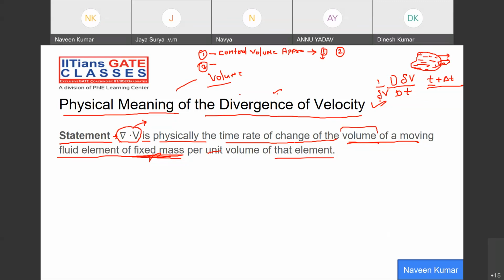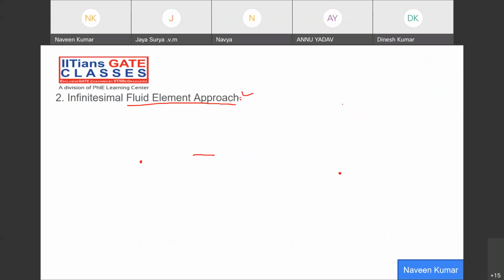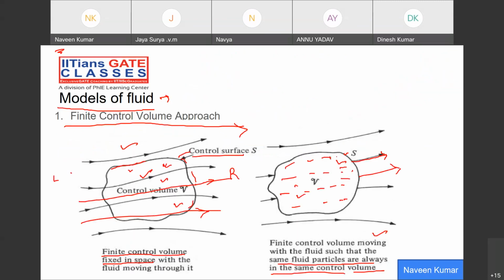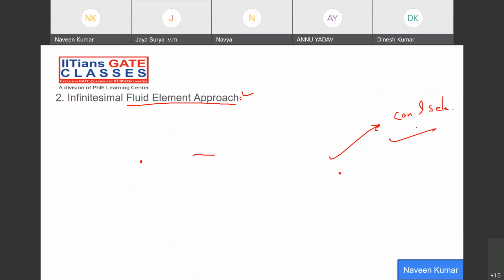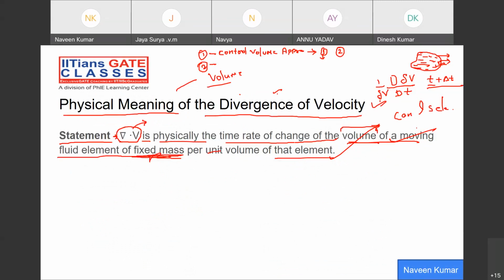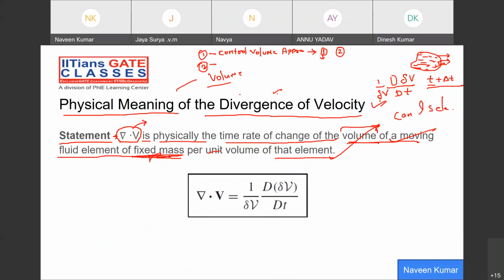So this approach, can I select? Yes, sir. Very good. So this is why I will select this model only while proving it. So del dot V. But physically, is it feasible to go with the fluid element?